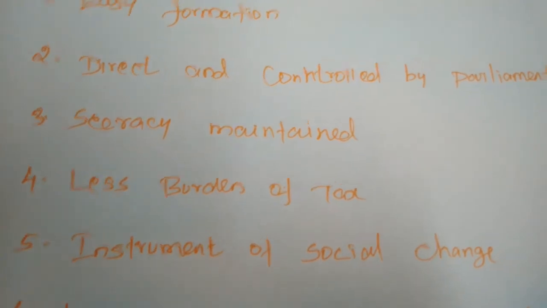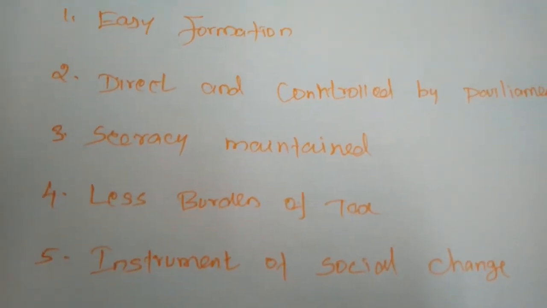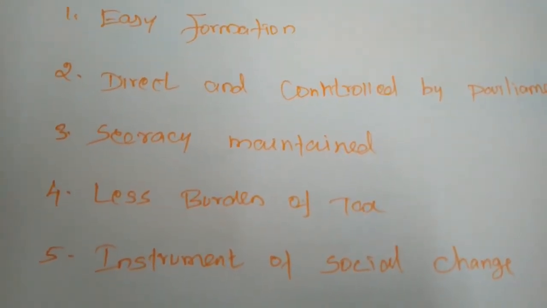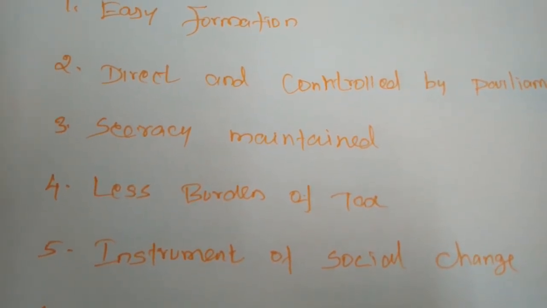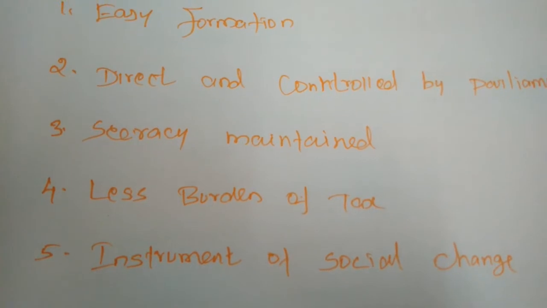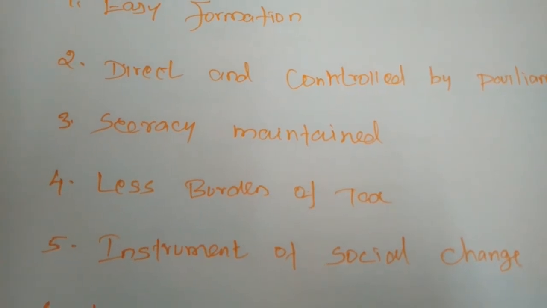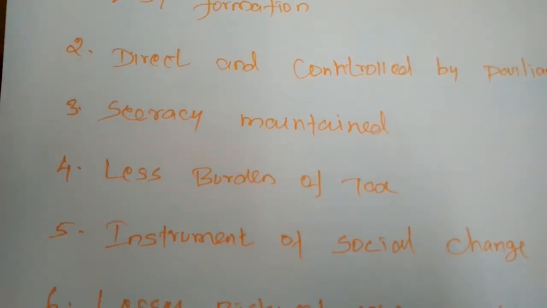Next is secrecy maintained. Strategic industries like defense and atomic power cannot be better managed other than by government departments. So the departmental undertakings can maintain secrecy in their workings.